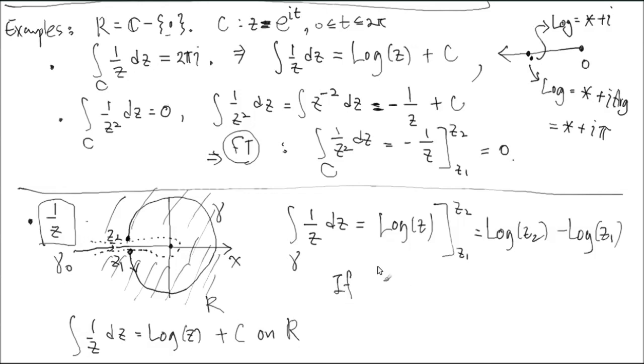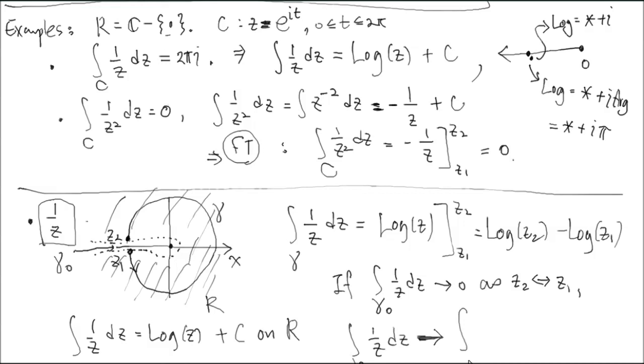If the integral over gamma 0 of 1 over z dz approaches 0 as z1 and z2 approach each other on that circle, then the integral over gamma of 1 over z dz is going to approach our original target. What is that target? The integral over the circle of 1 over z dz, right?